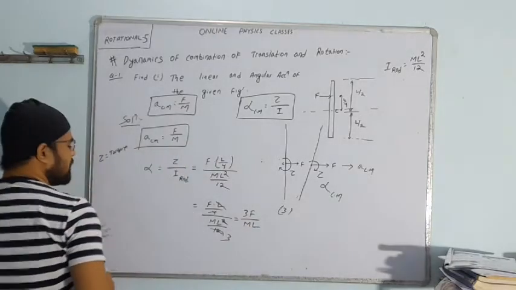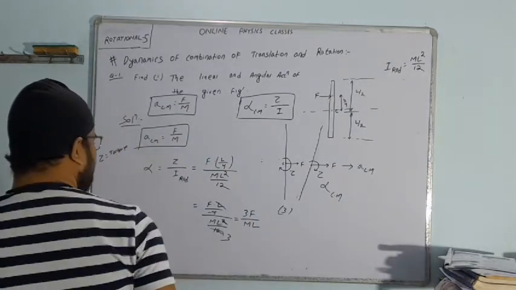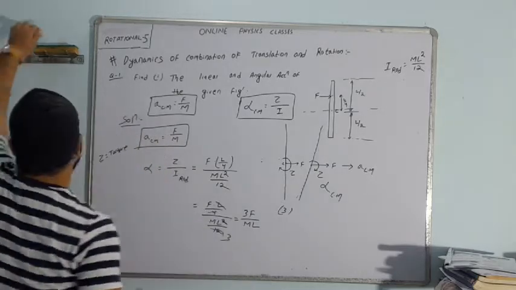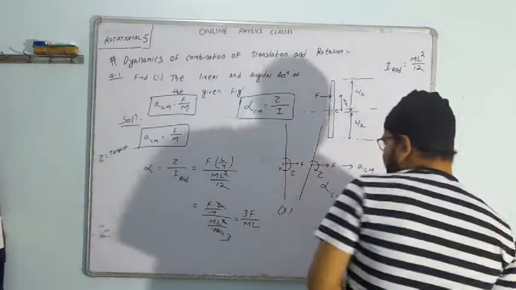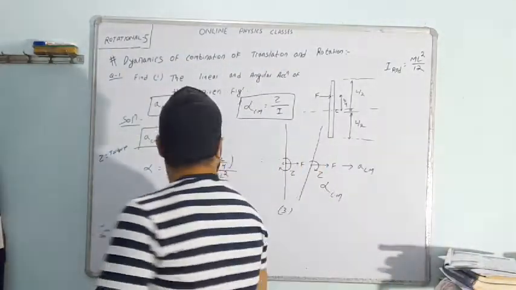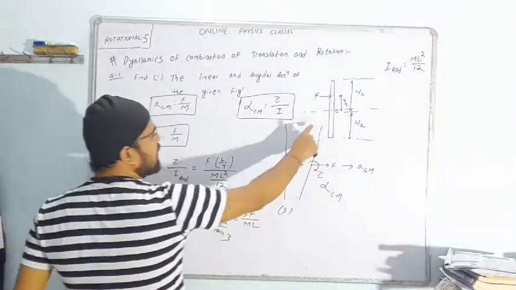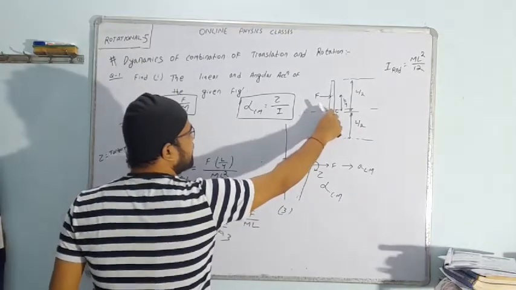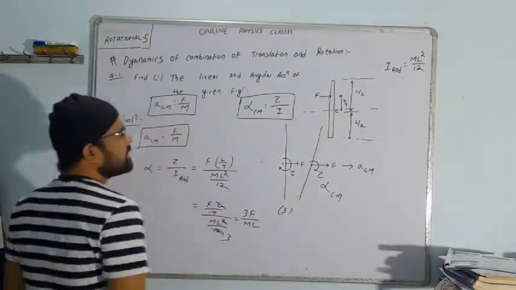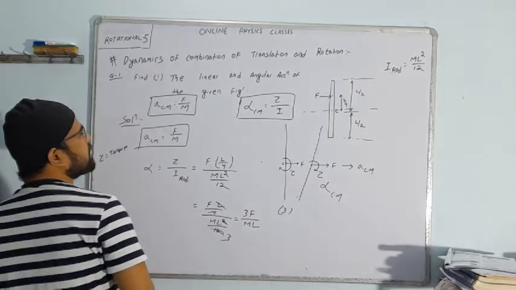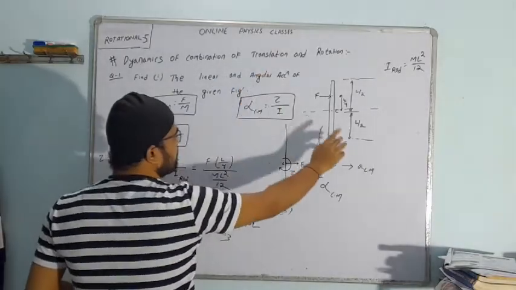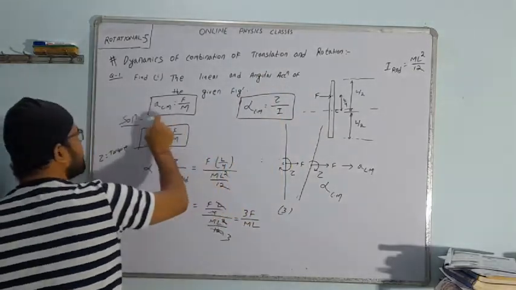What is the value of alpha? Alpha is 3F by ml. So very simple. If a force acts at a point other than the center, there will be both translation motion and rotation motion. For translation there will be linear acceleration, F by m.